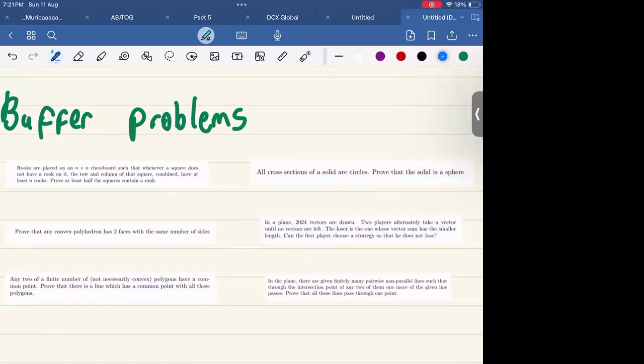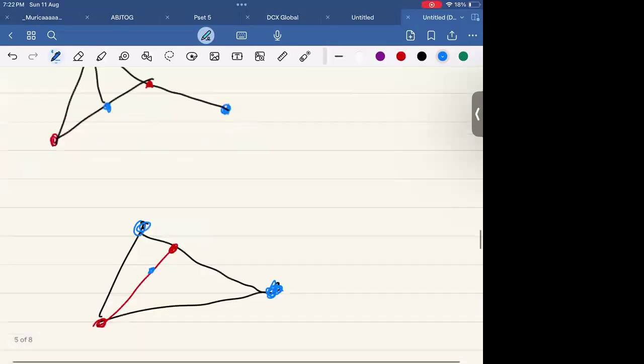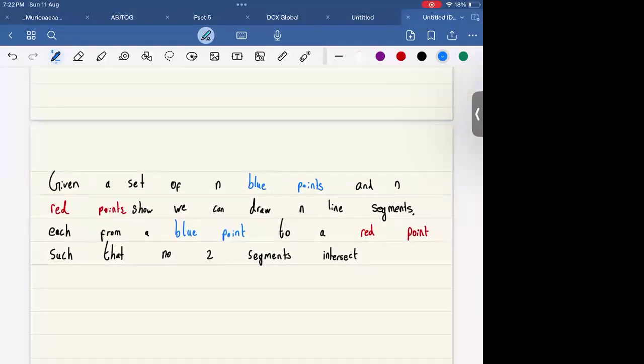Okay. Okay, think about this problem for 5 minutes and then I'll discuss it.